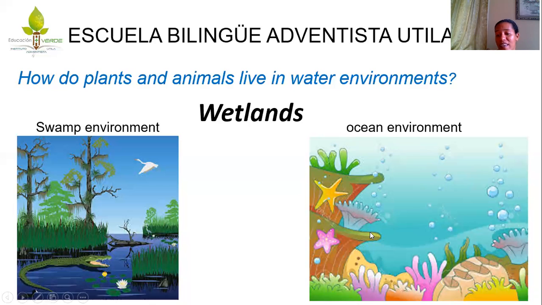As you can see, it's full of corals. Also we have animals and plants that live in the ocean. Ocean environment is also a wetland, okay? An ocean is a large body of salty water.